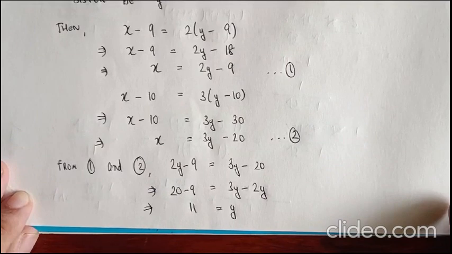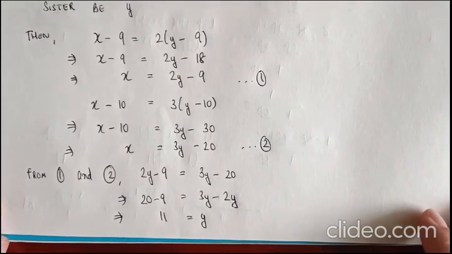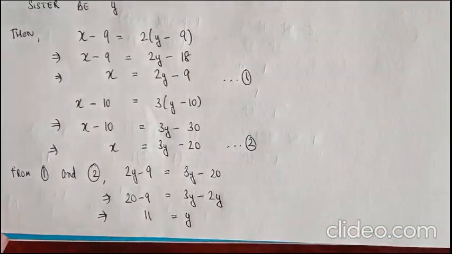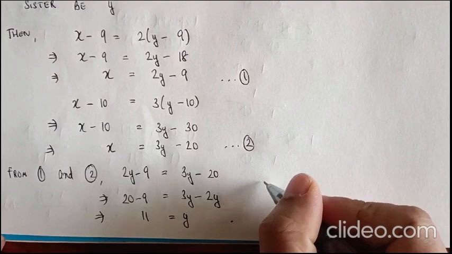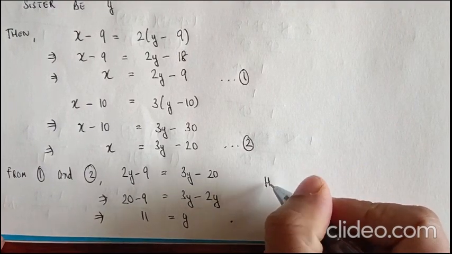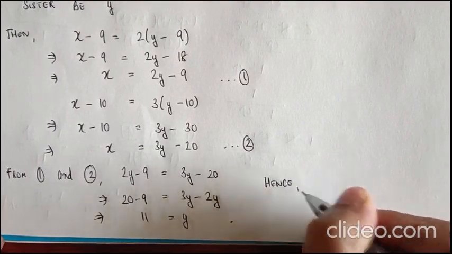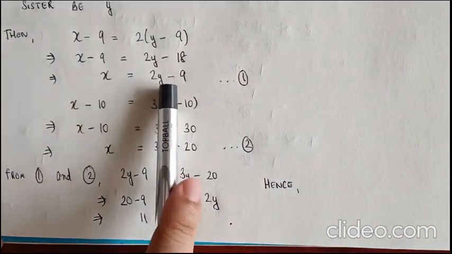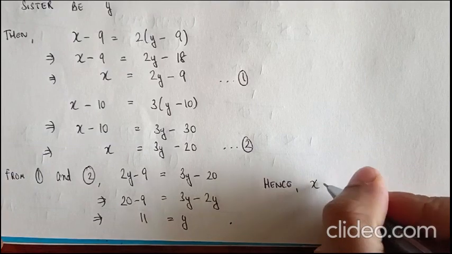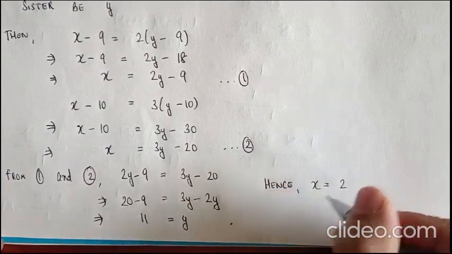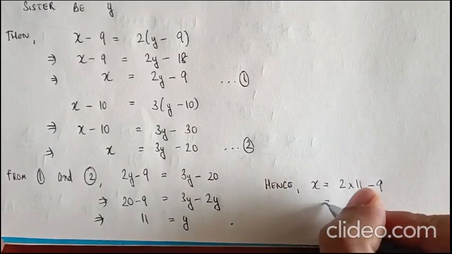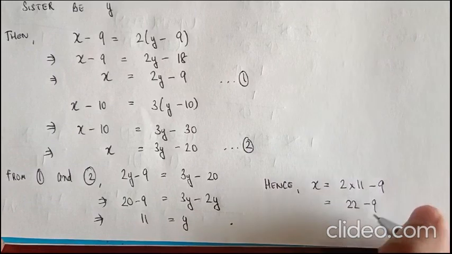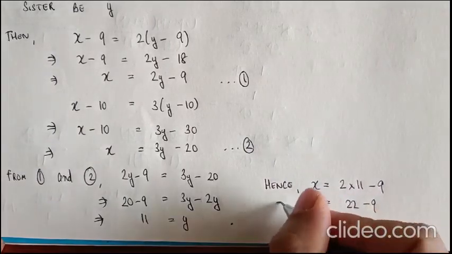Now, if y is equal to 11, we will just shift it here. Hence, I'll write it here just for a lack of space. Hence, what is x? X is equal to 2y minus 9. X is equal to 2 into 11 minus 9 is equal to 22 minus 9 is equal to 13, right?